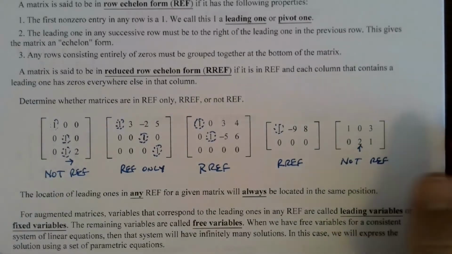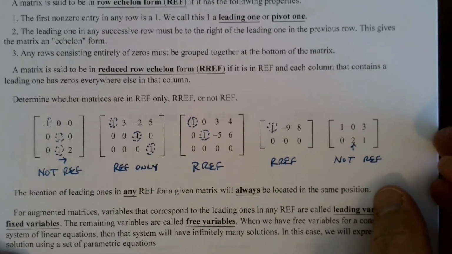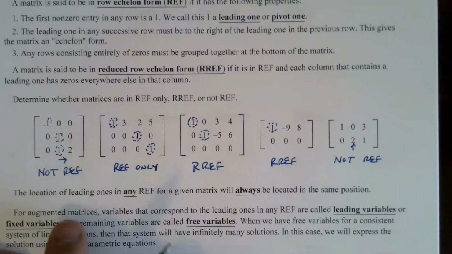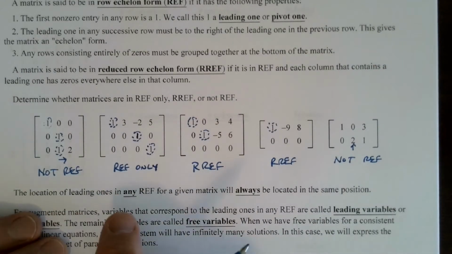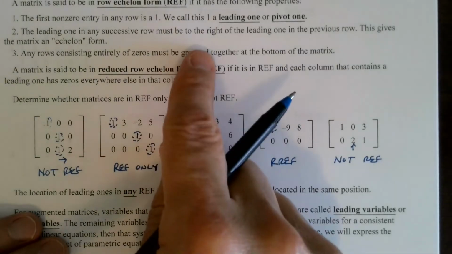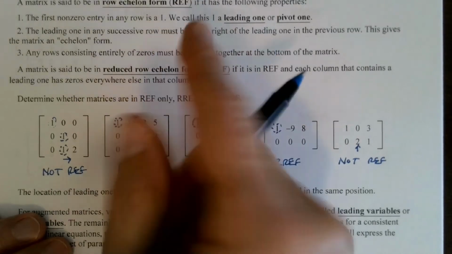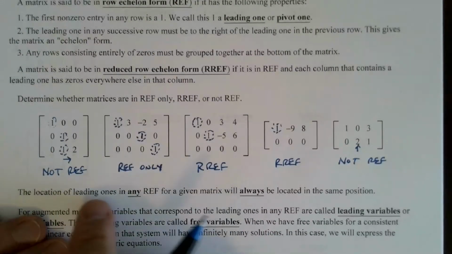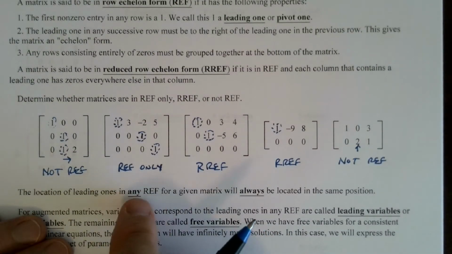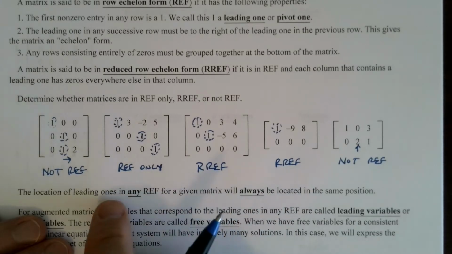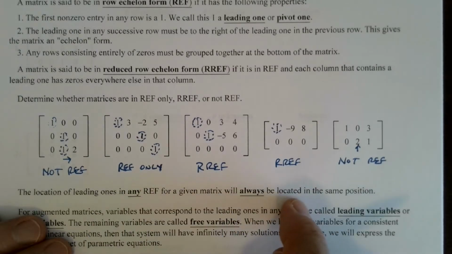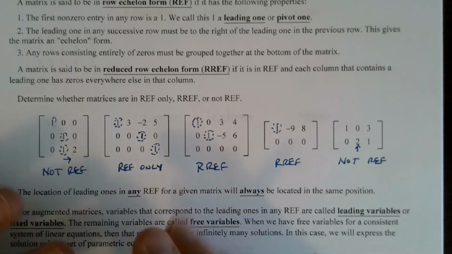Okay, so just a quick review on that. One thing to note, that we said the row echelon form has these three things, and reduced row echelon form is a special particular type of row echelon form. But in any row echelon form, reduced or otherwise, the location of the leading ones will always be the same position. You might say, what do we mean by different row echelon forms?